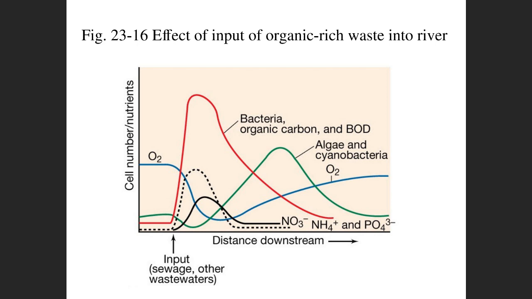With that increase, you have the nitrogen, right? All these nitrogen sources increase, and because of all these bacteria, lots of oxygen is being used. So then you see a decrease of oxygen concentration.